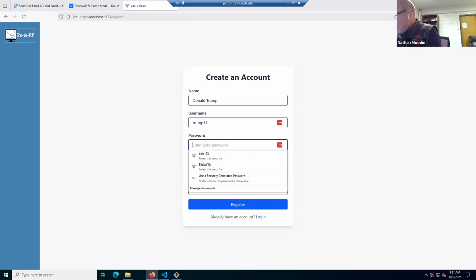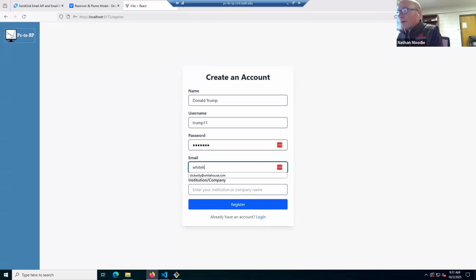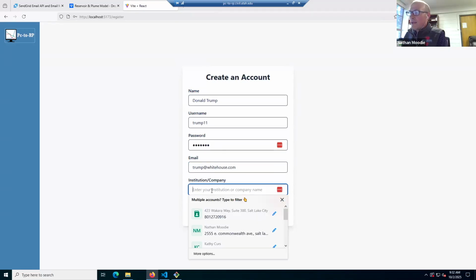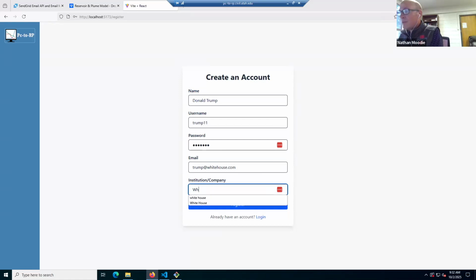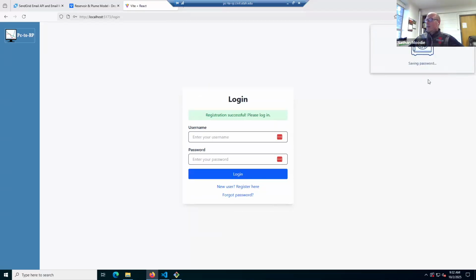Let's see if I can remember that password, and then White House. Oops. Trump at whitehouse.com. And then he's of course at the White House. Oh, I already have it here. He's at the White House. So we'll register him. He can do some testing now. We'll add him into my password manager so I don't have to do this again.